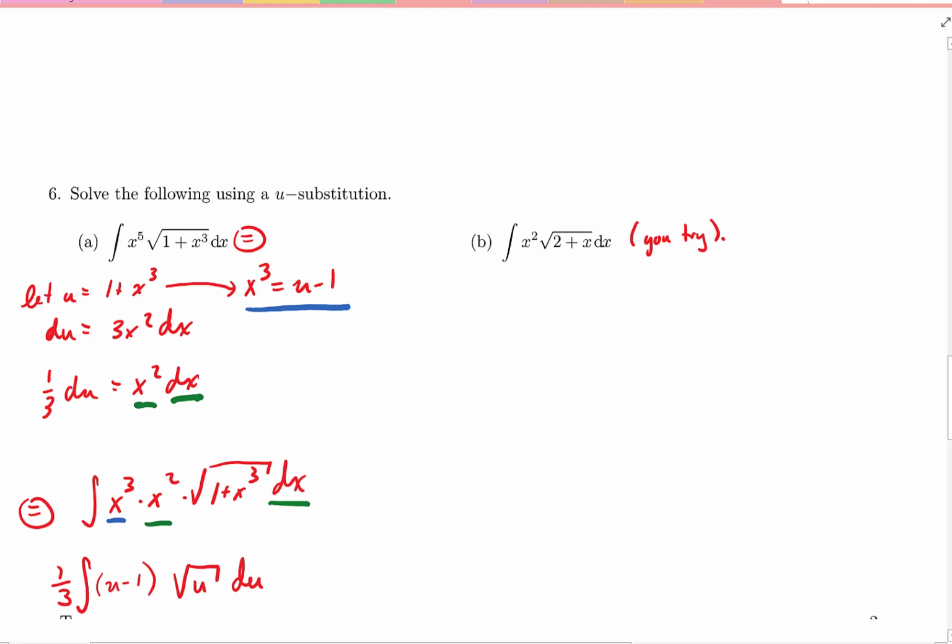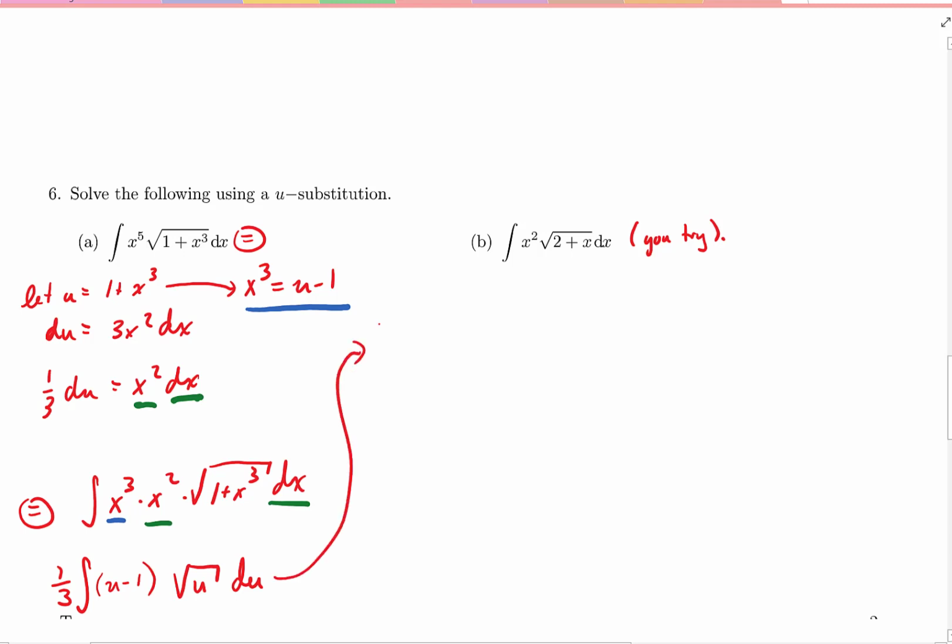Now you may argue this doesn't look all that much simpler than the original problem, but here's the rub. Originally we had a complicated expression sitting inside of a square root. After we were done with the u substitution, there's nothing complicated inside the square root. Instead, it's a polynomial term out here. Okay? So let's go ahead and finish this out.